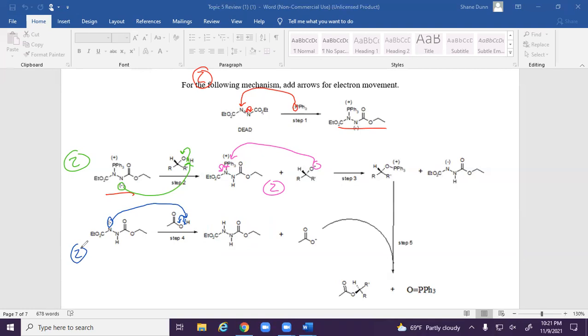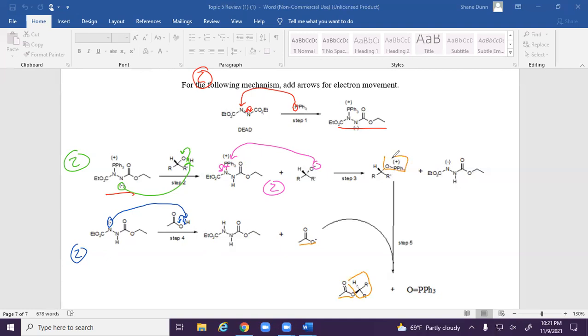Now, step 5 occurs here, in which let's use, I don't know, orange. So this guy is this guy right here, and it has added this molecule.